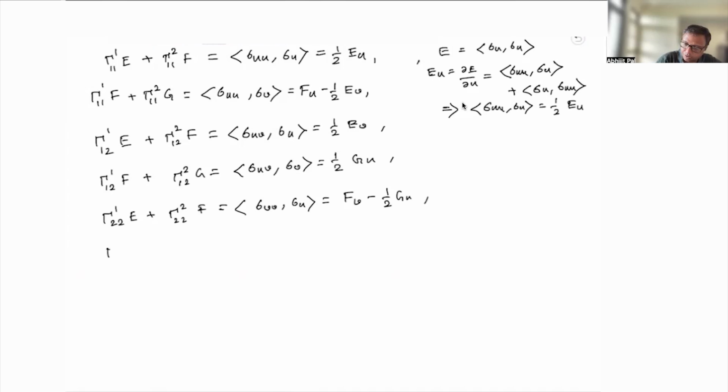And the last equation we get is the following: gamma 1,2,2 capital F plus gamma 2,2,2 G is equal to the inner product of sigma vv with sigma v, which is equal to half of Gv.